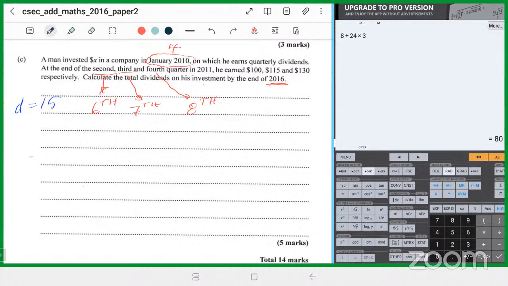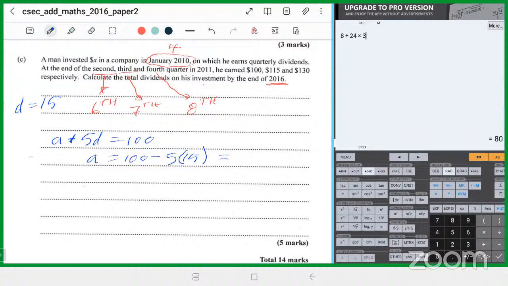And then this, A plus 5D, is equal to 100, and the D is 15 in here. So it means that A equals 100 minus 5 times 15.